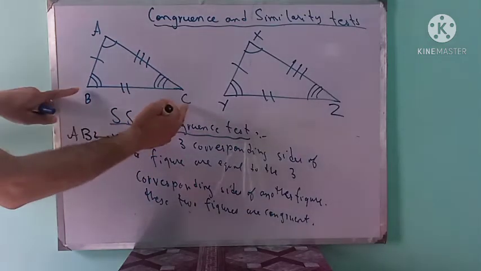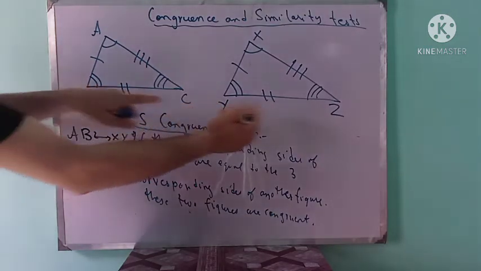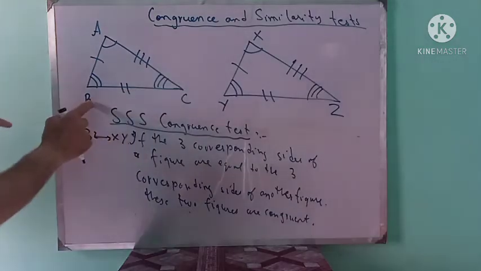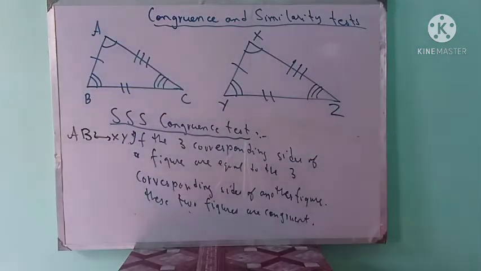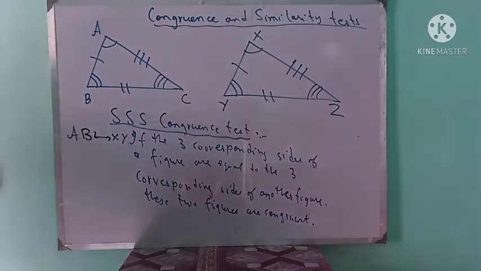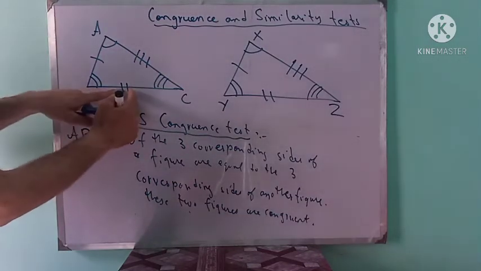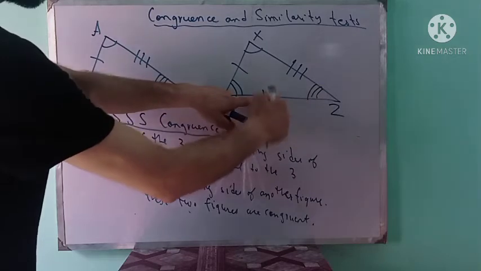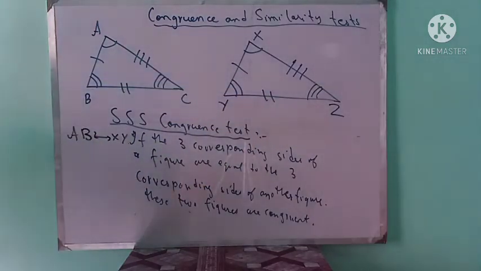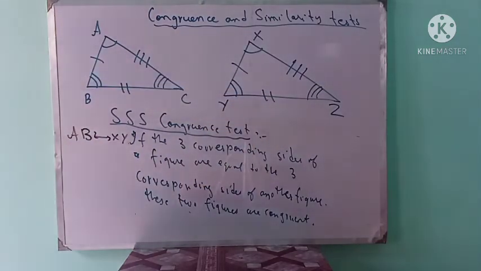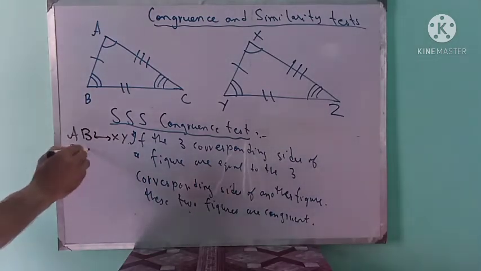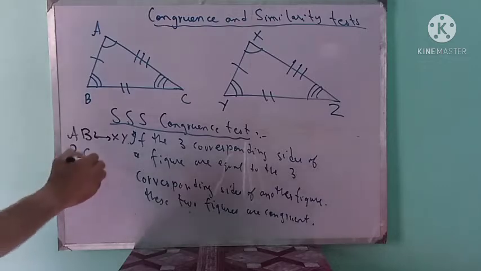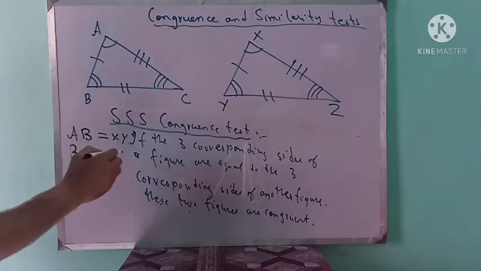Then BC and here YZ. Start from B, C and YZ. These two are corresponding sides because BC has two lines and YZ also has two lines on the side. So BC and YZ are the two corresponding sides, and BC is equal to YZ.